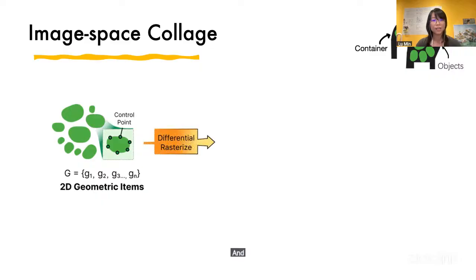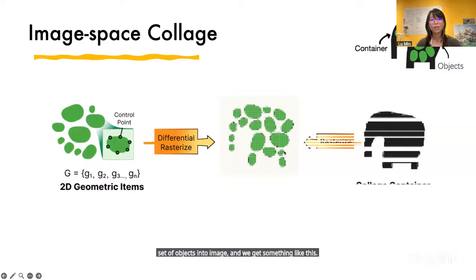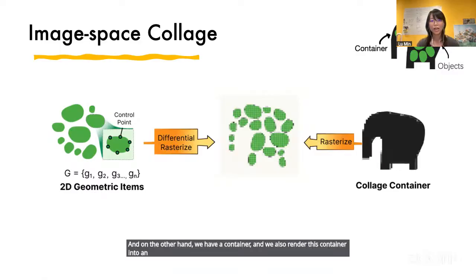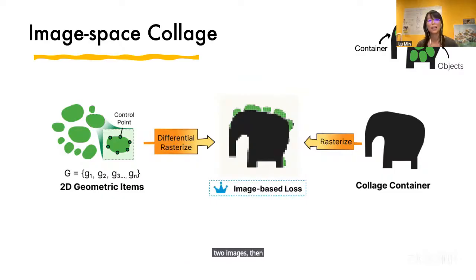We use differentiable rendering to render this set of objects into an image, and we get something like this. On the other hand, we have a container, and we also render this container into an image, so that we have two images.